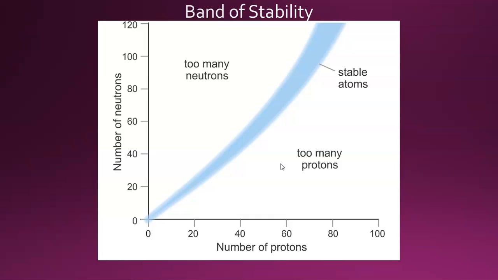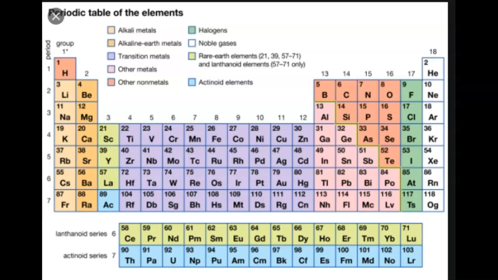All nuclei with an atomic number above 83, so 84 and up, are unstable, and some more so than others. So if you look at a periodic table, all of the elements above 83, so 84, which is polonium, and above, there are so many protons in these elements, right?